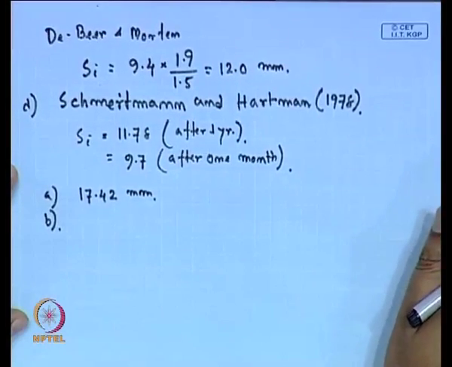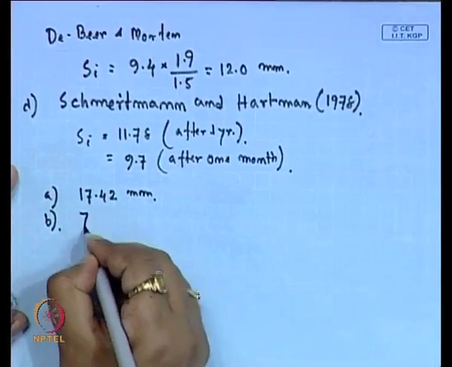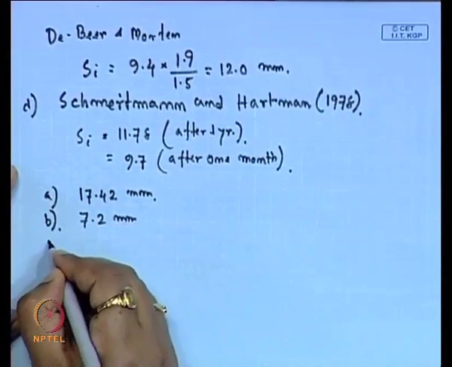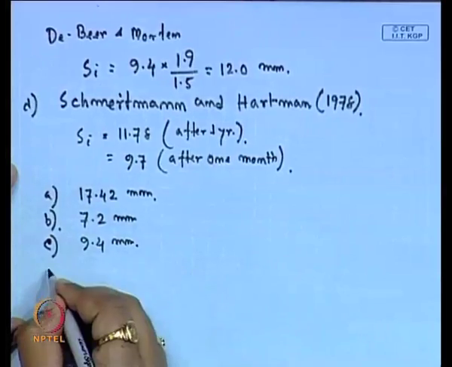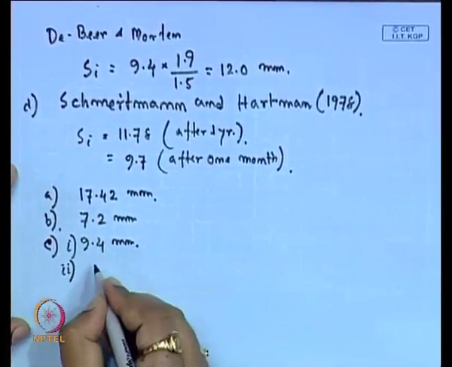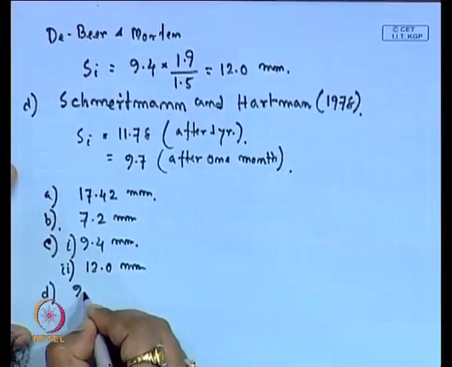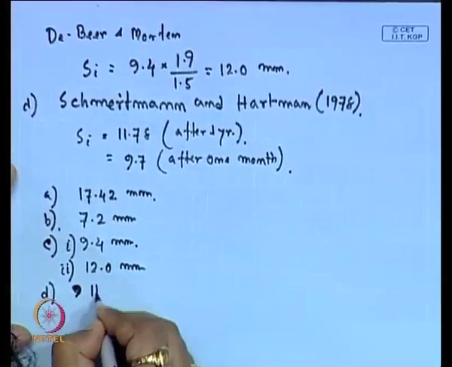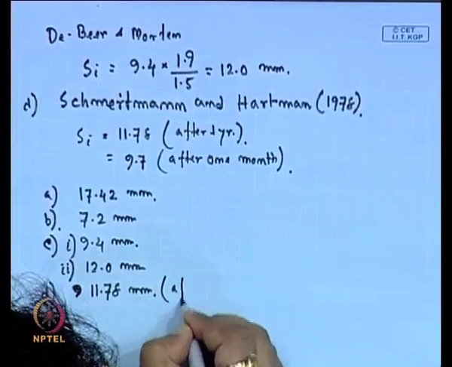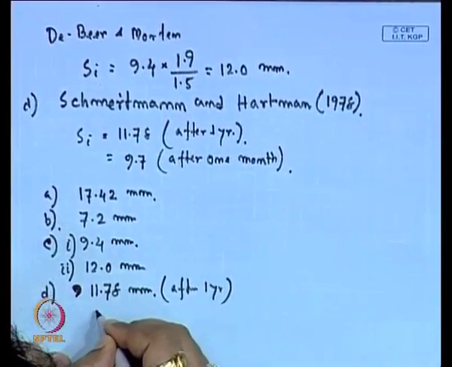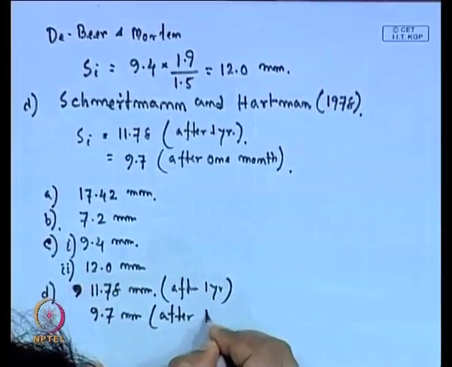For the second method, the semi empirical method, this value is coming 7.2 millimeter, and for the Meyerhof, this is coming 9.4 millimeter, and for De Beer and Morton it is coming 12 millimeter, and the Schmertmann method is coming 11.78 millimeter for 1 year, and 9.7 millimeter after 1 month.